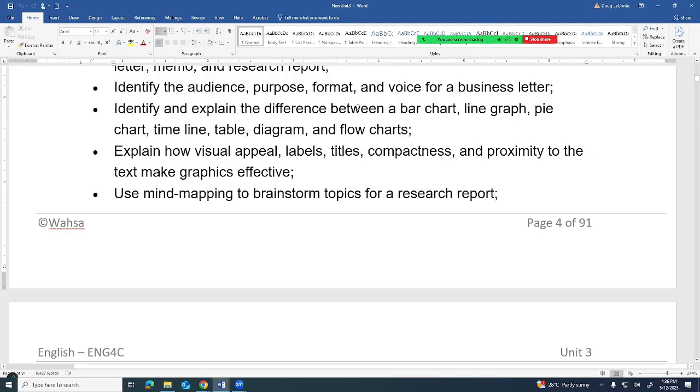Identify and explain the difference between a bar chart, a line graph, pie chart, table, diagram, and flow charts.